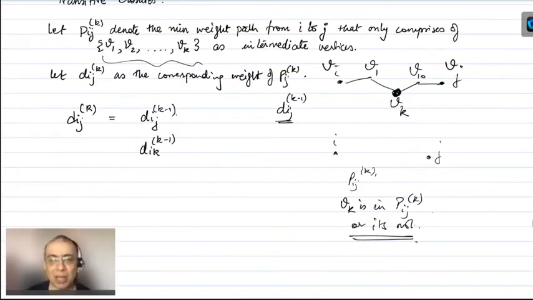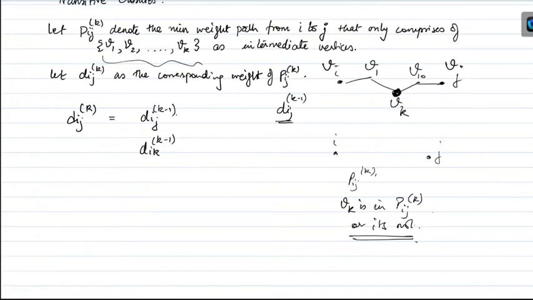Yeah. The path from vi to vk will only comprise of vertices coming from the set v1 through vk minus 1, right? And similarly, the path from vk to vj will only comprise of vertices coming from the set v1 through vk minus 1. Okay, so I can write this as D_ik^(k-1) plus D_kj^(k-1), right?